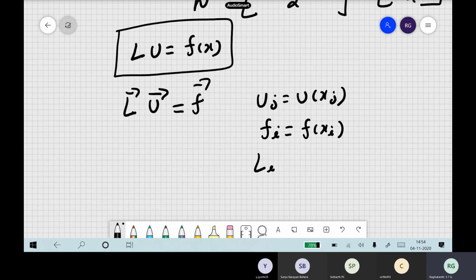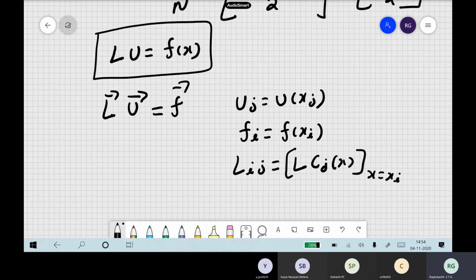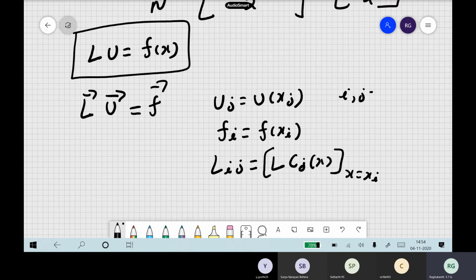Then Lij is L applied to the cardinal function cj of x at x equal to xi, and of course i and j run from 0 up to n minus 1.